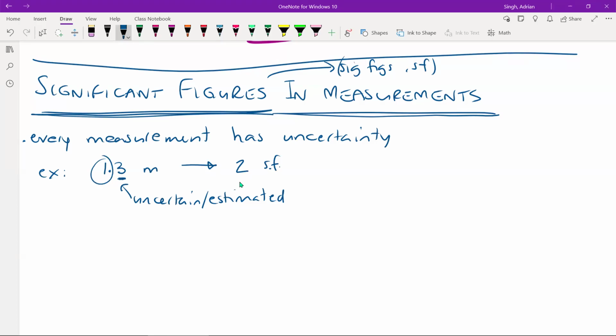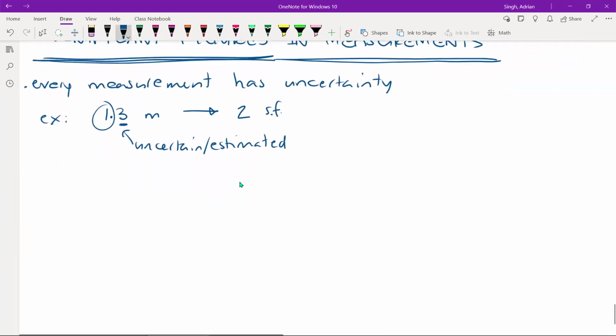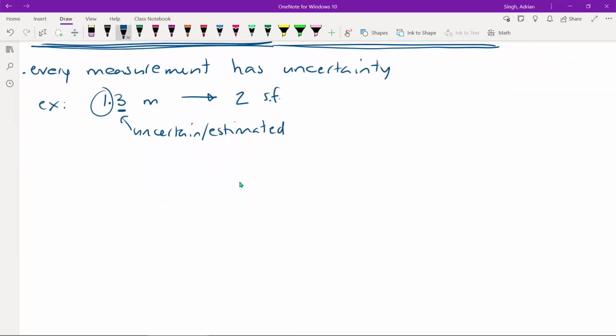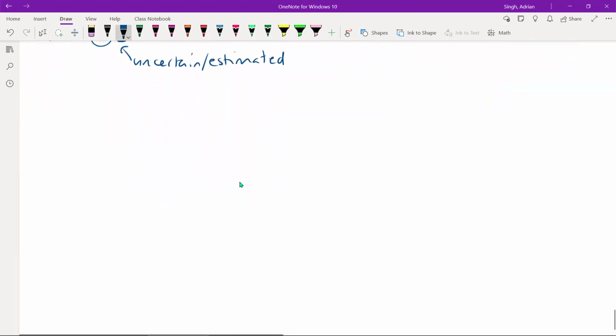So that's a very simple case to lead into this. We're going to take a look at some rules for identifying significant figures in measurements, right? So again, any measurement that you make is going to be limited by the instrument that you're using, and we're going to have to make some estimations based on the smallest graduations that you have in that instrument, and what we can actually estimate based on those smallest graduations.